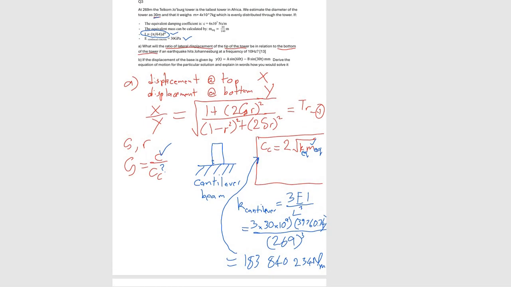If we substitute in the K equivalent, which we have just solved, and the M equivalent, which is given in the question as 33 over 140 multiplied by the M given in the question, the critical damping coefficient we get is a value of 832,670.57.